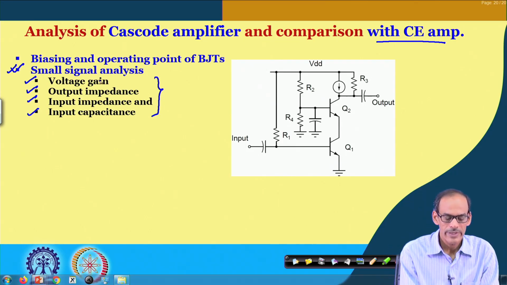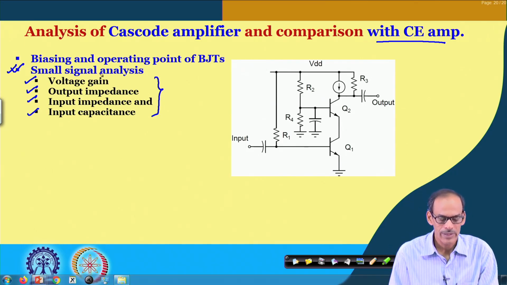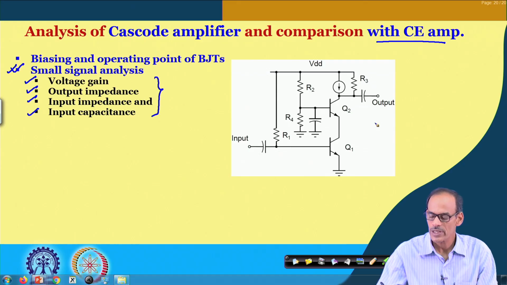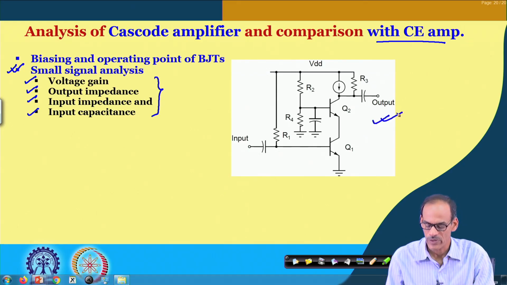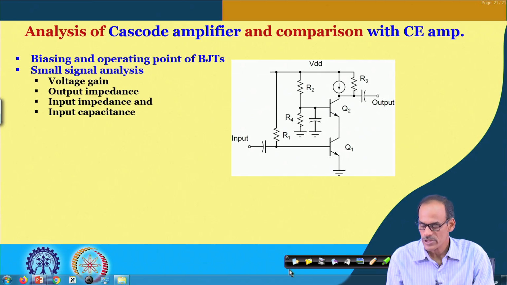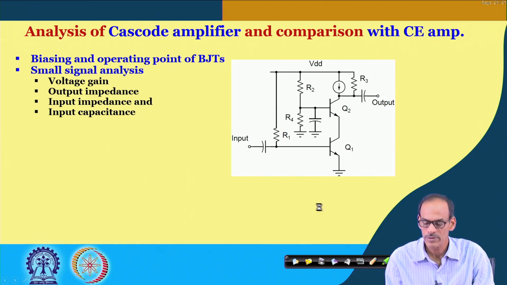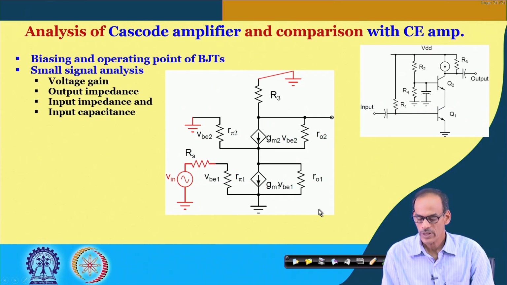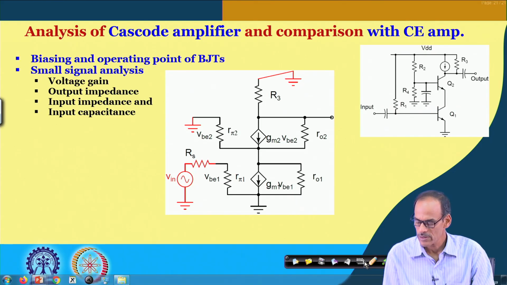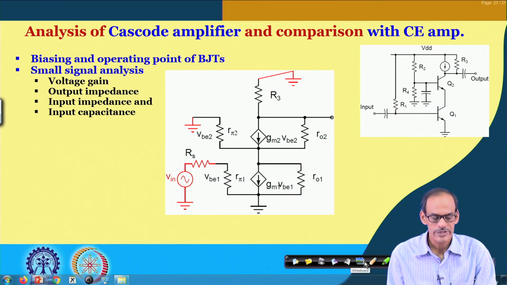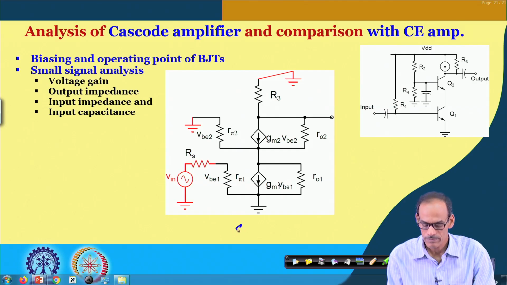So, in the next slide we will be doing the analysis with the small signal equivalent circuit of the cascode amplifier. You yourself can try it out, but I have done it for myself. So, here we do have the small signal equivalent circuit.